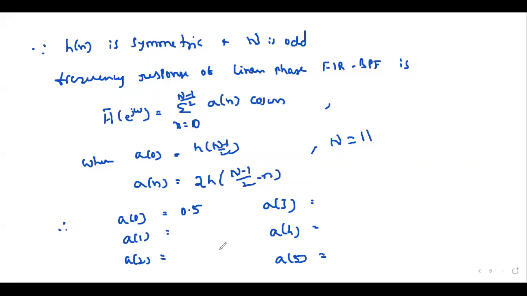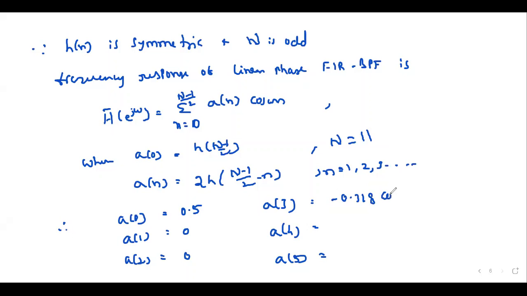Then a of 1, 0, sir. A of 2 also 0, sir. A of 3 is minus 0.318 cos 3 omega.